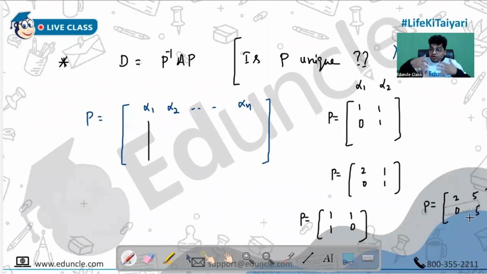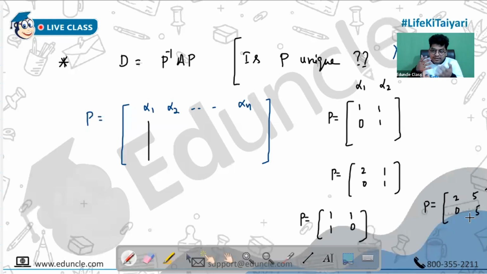So basically, when you create P, you put linearly independent eigenvectors column-wise, and there are infinitely many possibilities for them, because if vector alpha 1 is linearly independent of alpha 2, then k alpha 1 is linearly independent of some other multiple like k2 alpha 2. Am I clear?